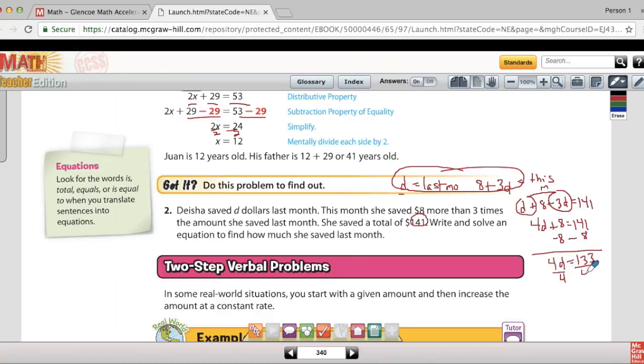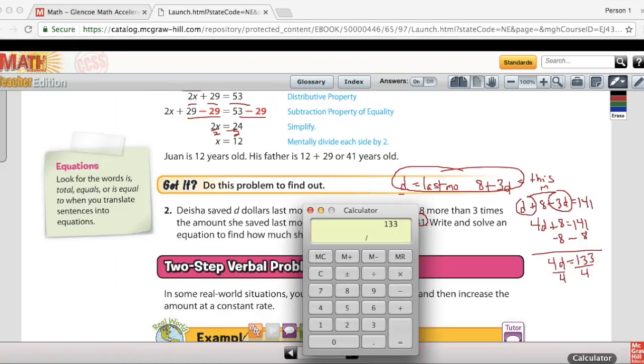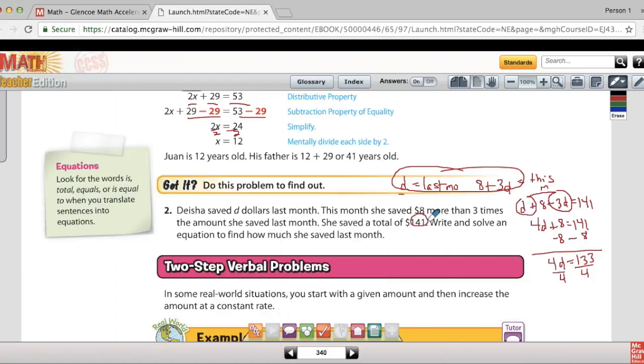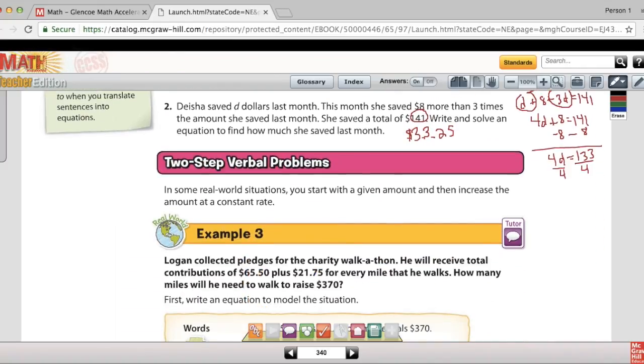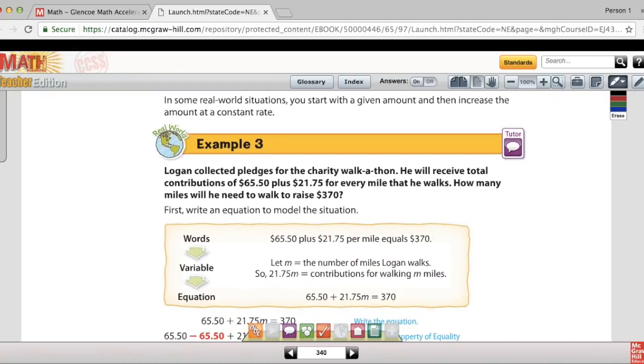Divide by 4, 133 divided by 4 is 33.25. So $33.25 is what she saved last month. Okay, let's scroll on down here to the next example, example 3.